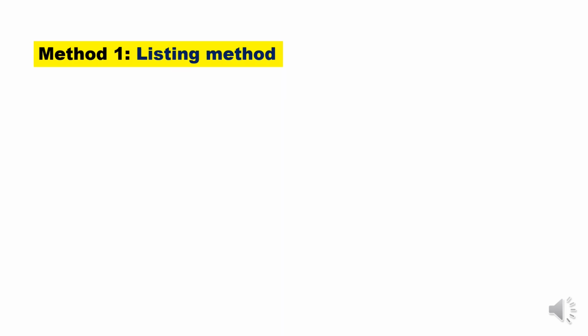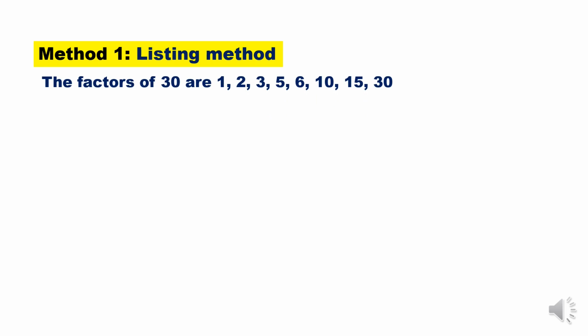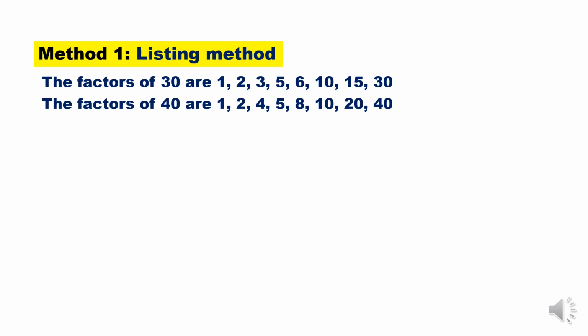Method 1. Using listing method. The factors of 30 are 1, 2, 3, 5, 6, 10, 15, and 30. The factors of 40 are 1, 2, 4, 5, 8, 10, 20, and 40.